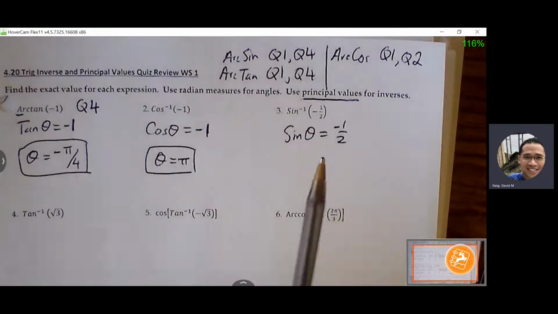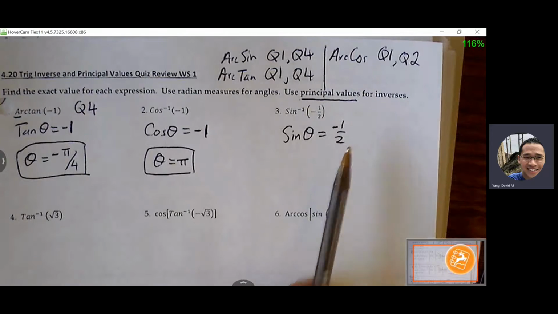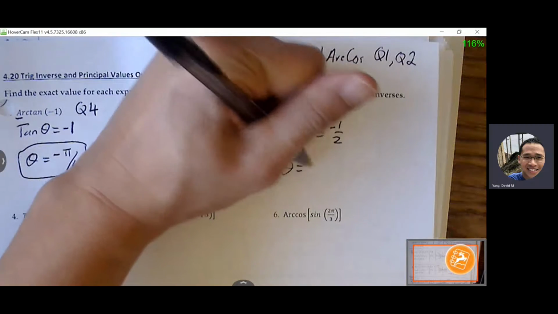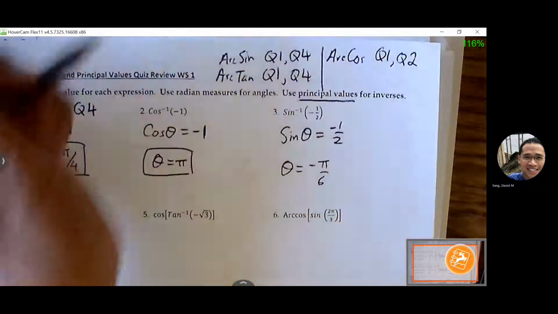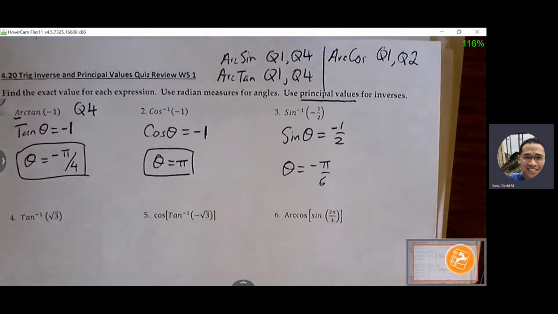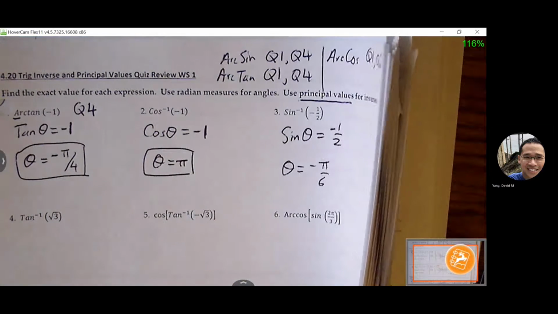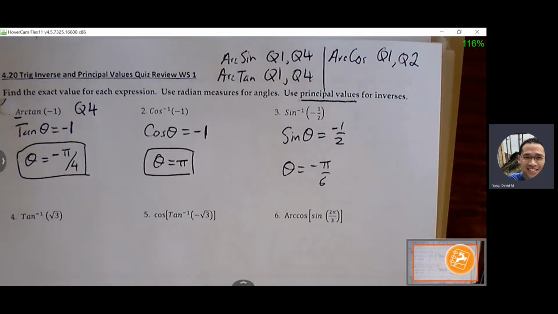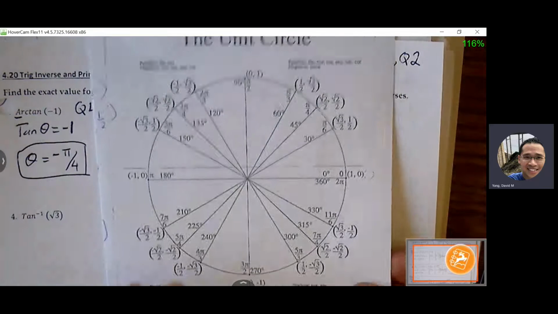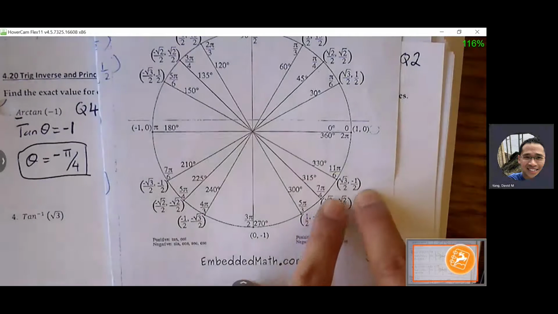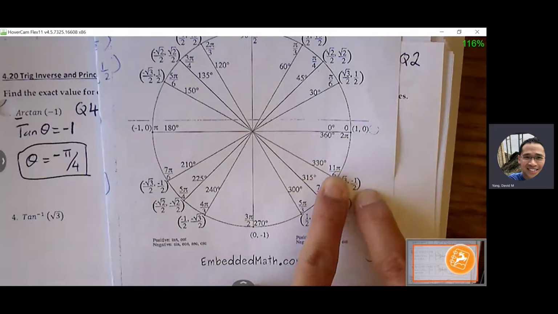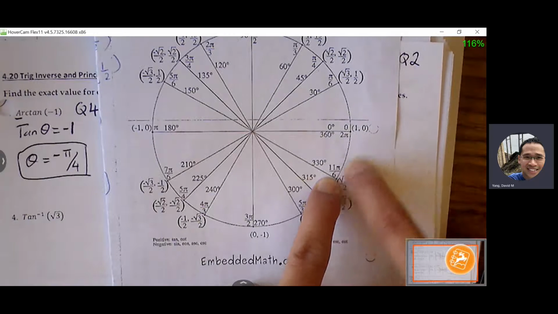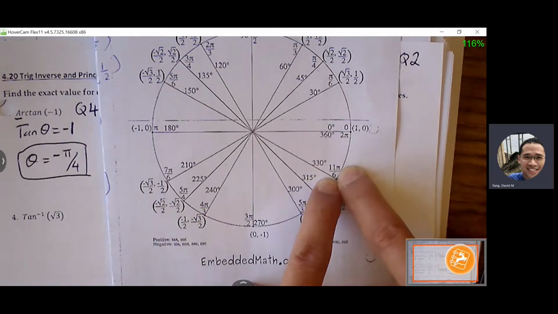But it's quadrant 4, so we need to make this negative pi over 6. Think about sine of theta equal to -1/2. Instead of calling it 11 pi over 6, we're calling it negative pi over 6.